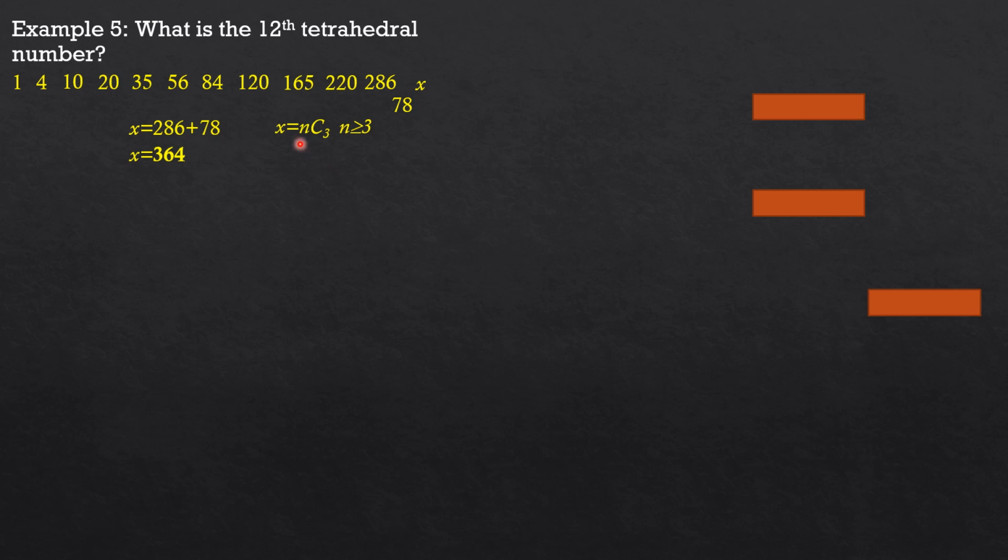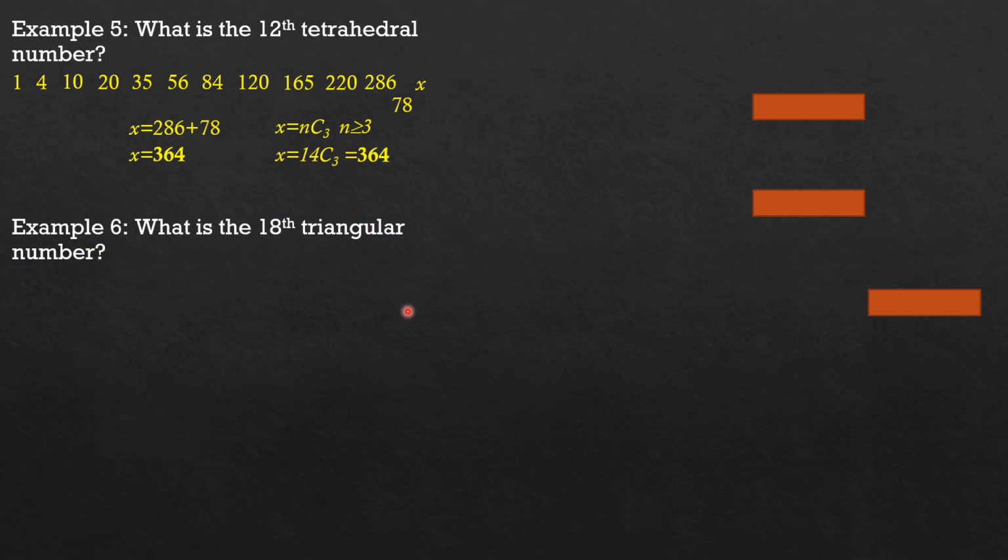So x is nC3 when n is greater or equal to 3. So if it is the 12th tetrahedral number plus 2, n is 14. So x is 14 combination 3, and it will give us the same answer of 364. So that's it for this example 5.